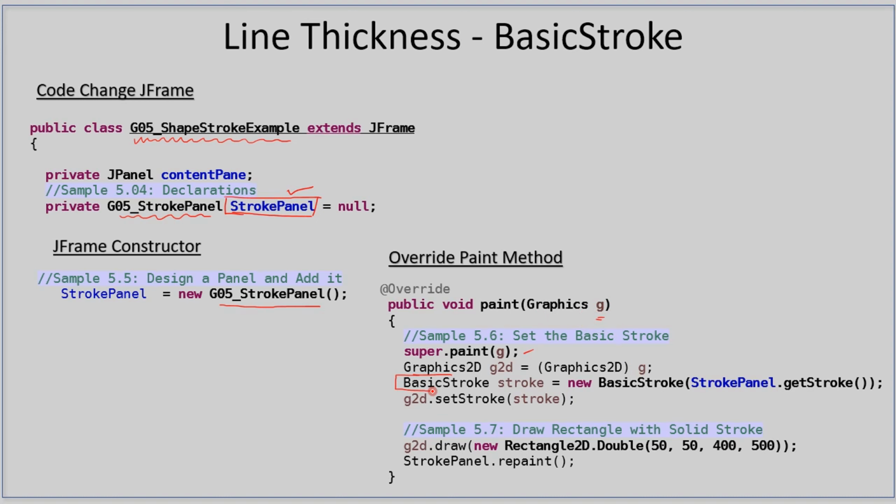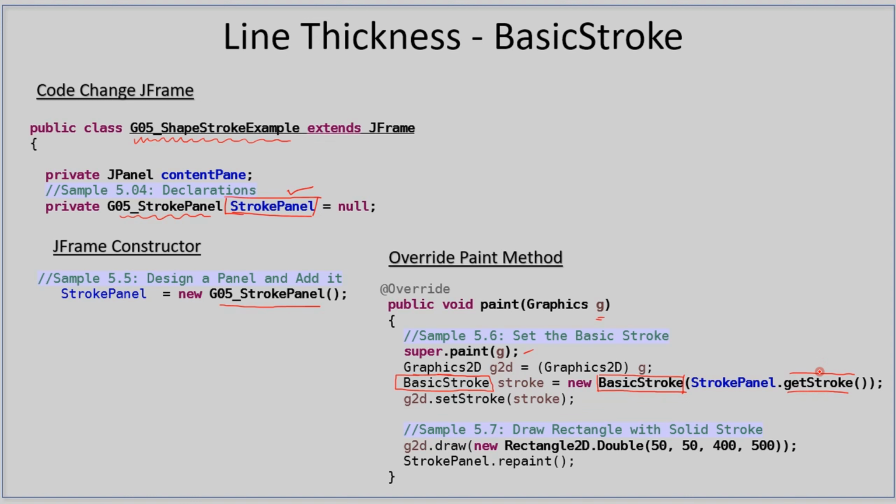And here is the key step. We are constructing the BasicStroke, and in the BasicStroke instance we get the property getStroke. So stroke panel we already have. This is the JPanel derived instance, and from there we access the getStroke method.